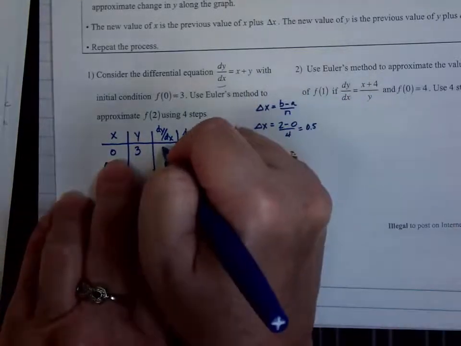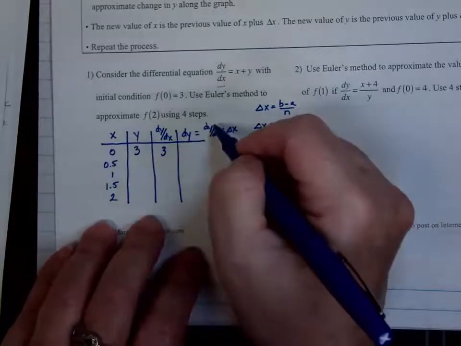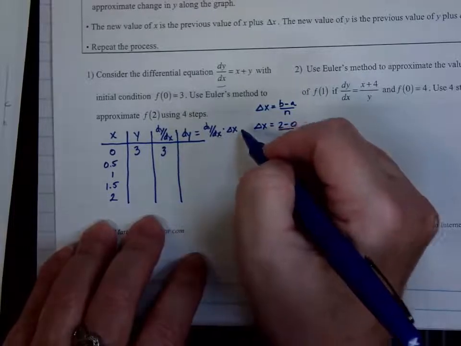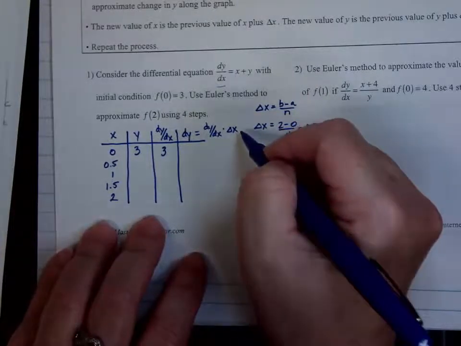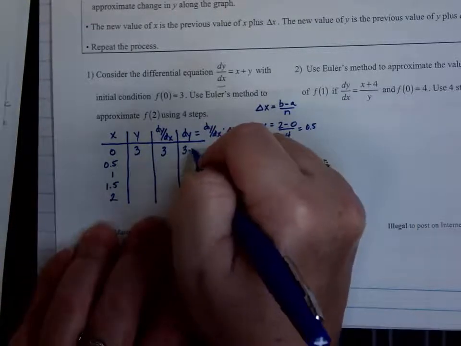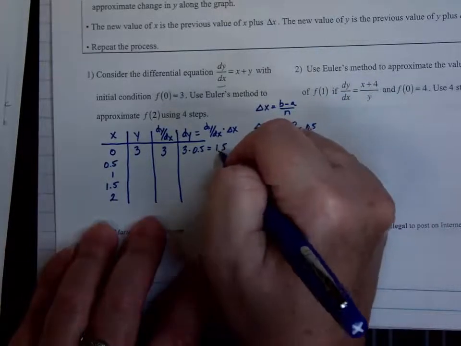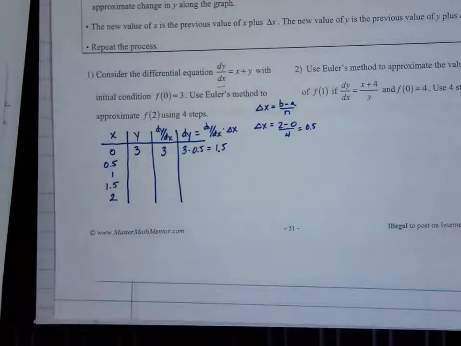So put a 3 right there. Now, dy is what you just got for dy dx times the delta x value, which is 0.5. So this is 3 times 0.5, which is what? 1.5. Now, in the future, you do not have to show the math in the dy column.